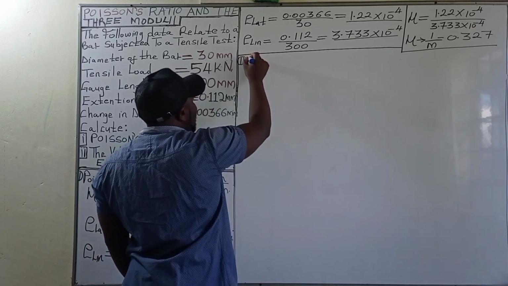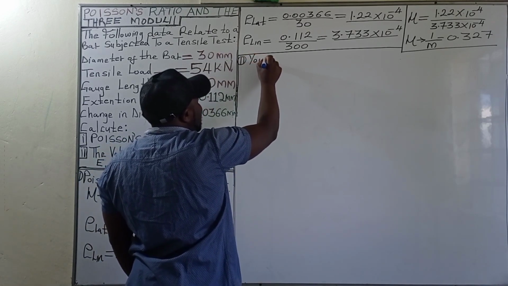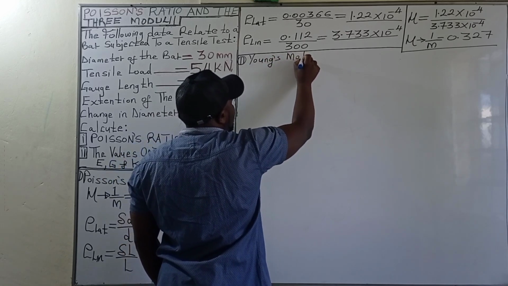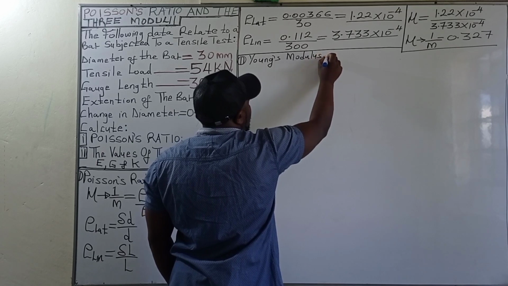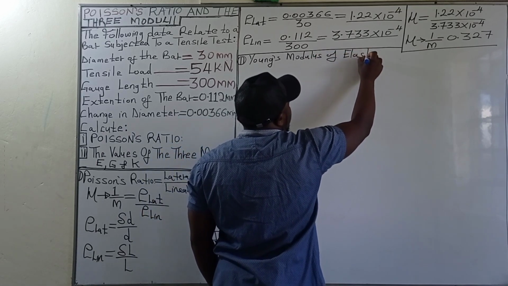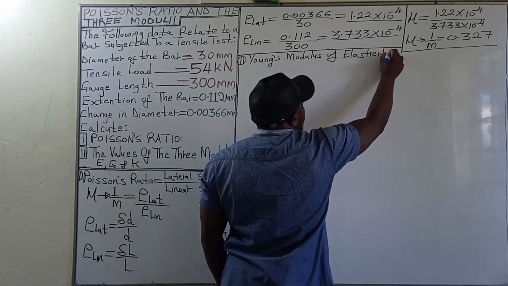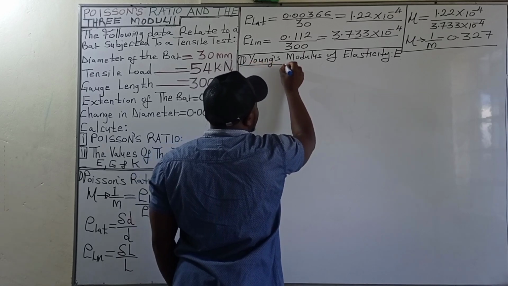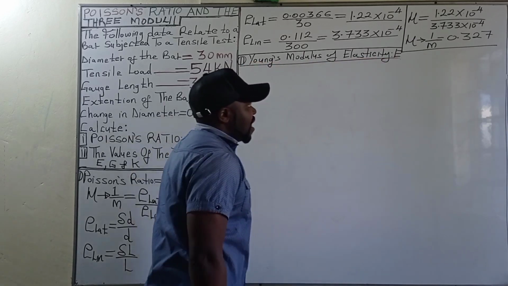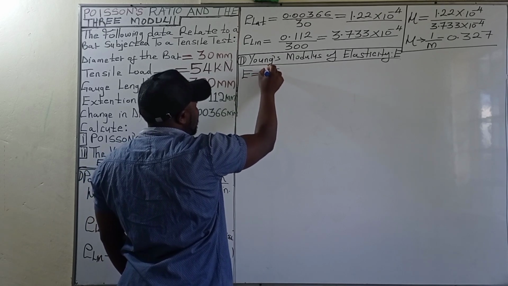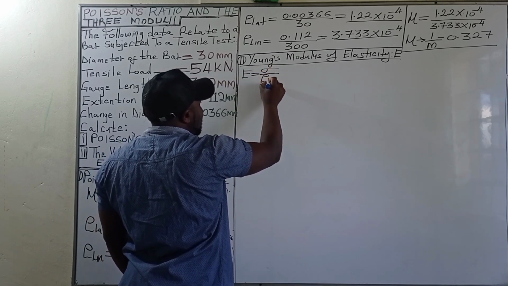Now, starting with the Young's modulus of elasticity, that is E. The Young's modulus of elasticity is given by the ratio of stress to linear strain.